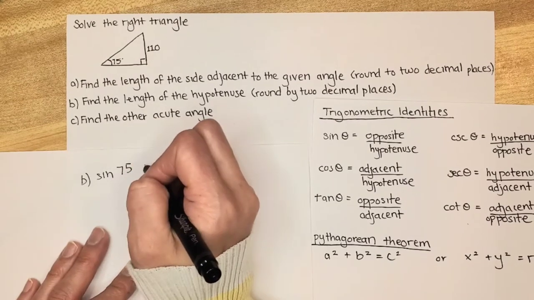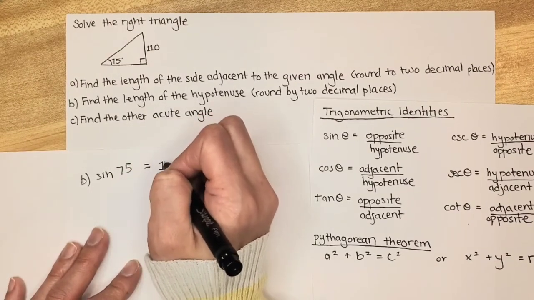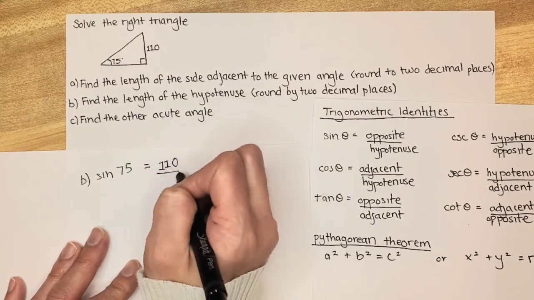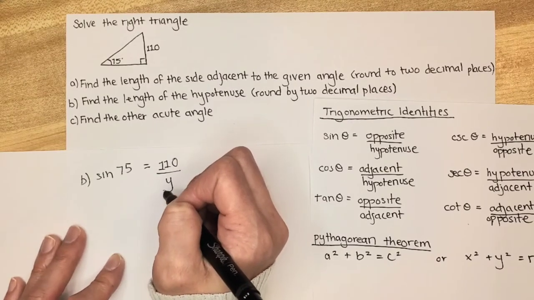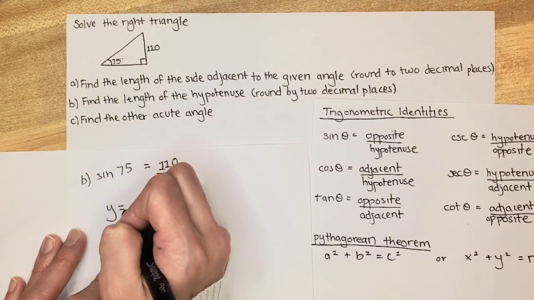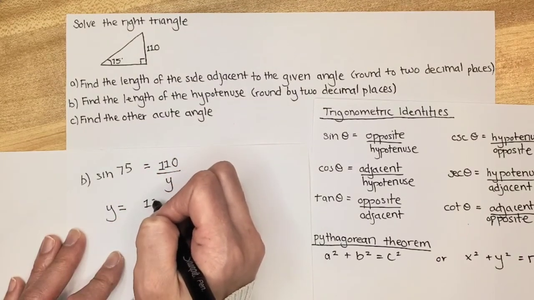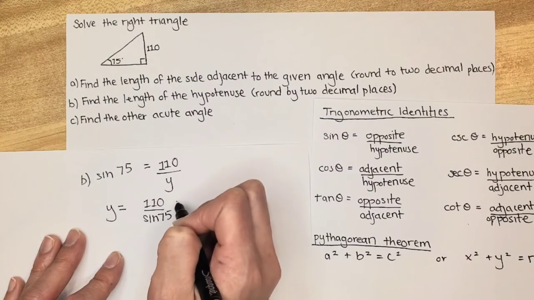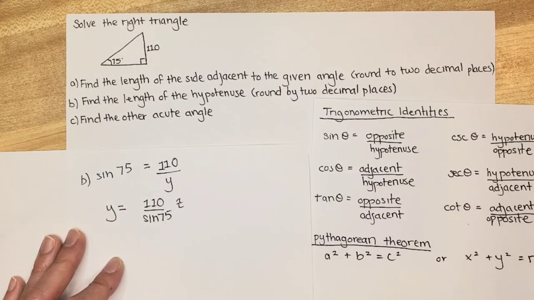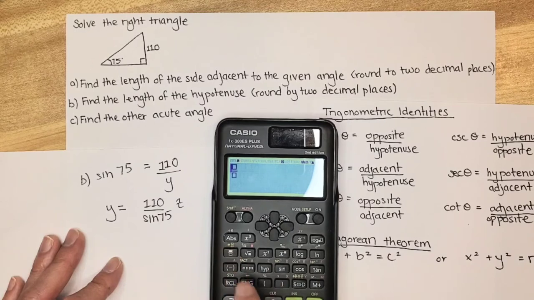So sine of 75 equals the opposite side, which was 110, over our hypotenuse value, which we gave the variable y.